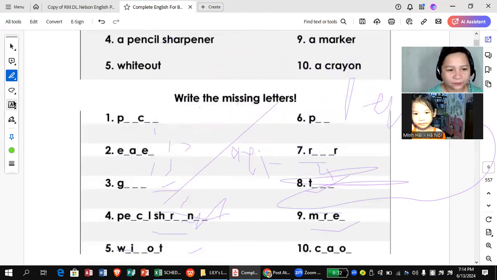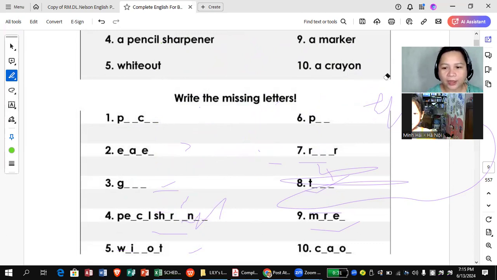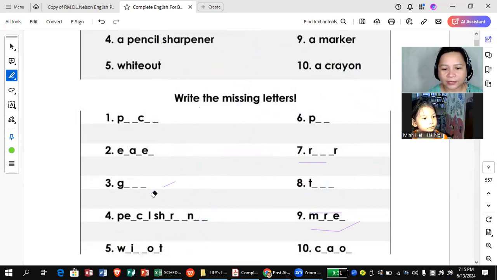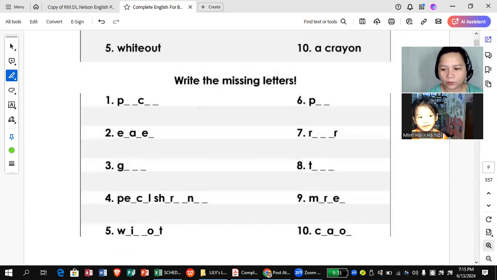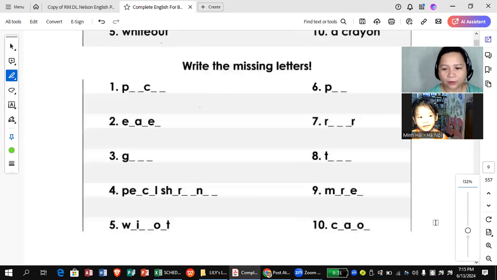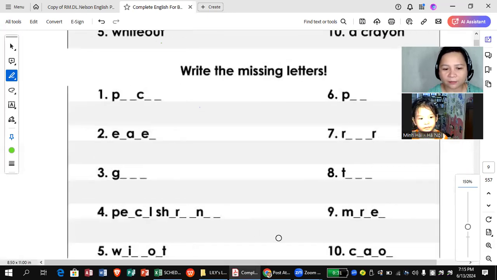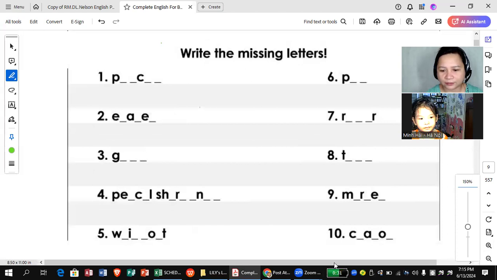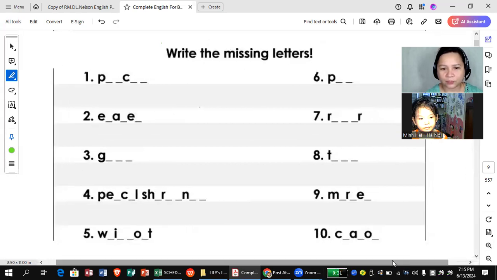Okay, now write the missing letters. Can you please write the missing letters on number one? Okay, I'll make it bigger. Can you please write the missing letters?